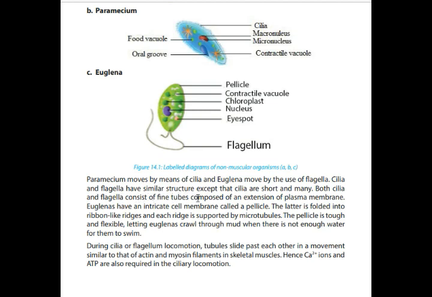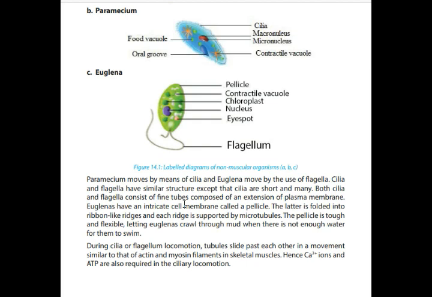Both cilia and flagella consist of fine tubes composed of an extension of the plasma membrane.